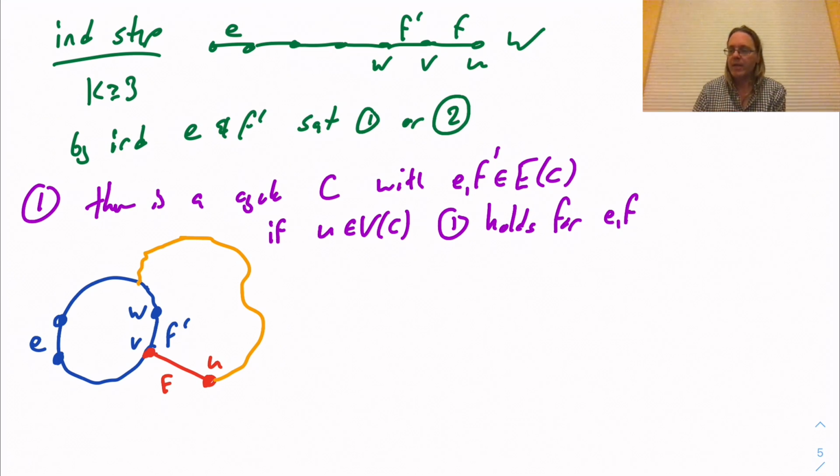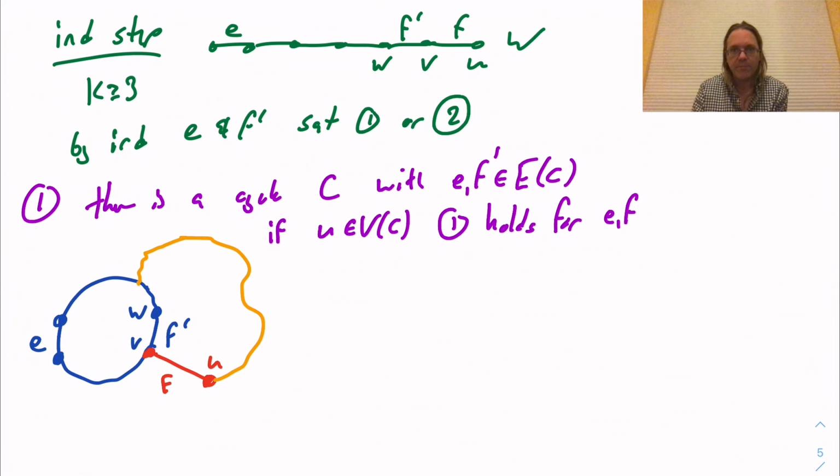No touching V. But it's supposed to start at U and it's going to go around, and I'm going to stop the path as soon as it touches a vertex of the cycle. So I'm really giving you a little orange path like I've drawn. Well, in this case, you are going to be able to find your cycle containing E and F. You can see how to route it here.